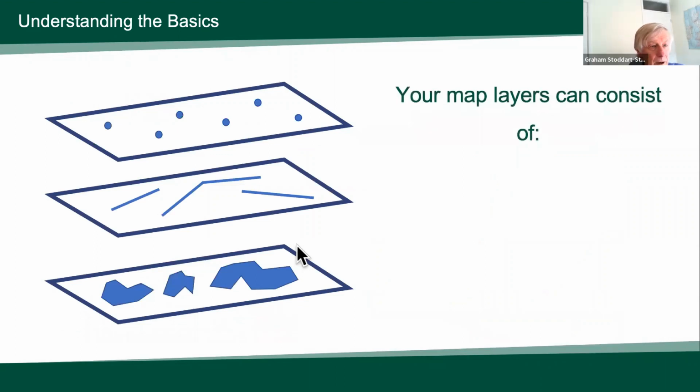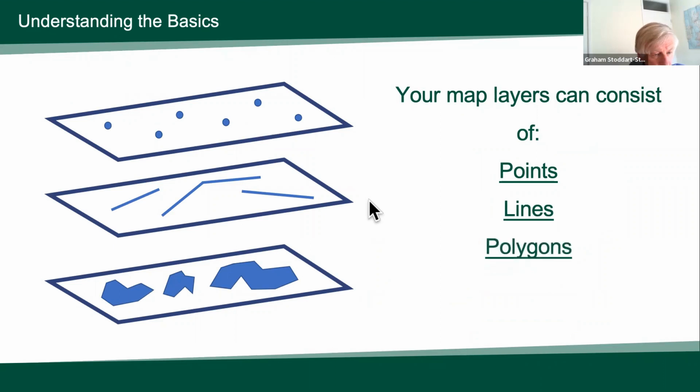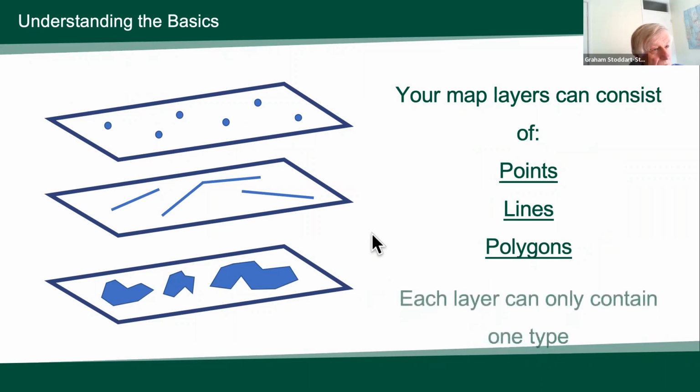So each layer is either going to be a set of points, things like bus shelters, grit bins, that sort of thing, a set of lines, which might be footpaths or boundaries around a field, or everything else, which are polygons. So buildings, shapes, fields, are all polygons.